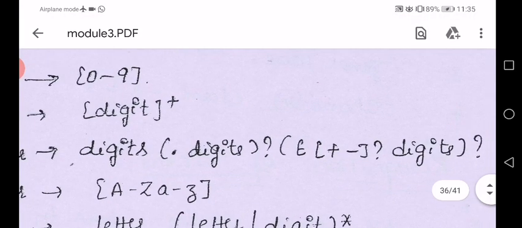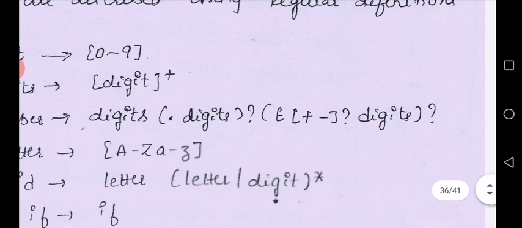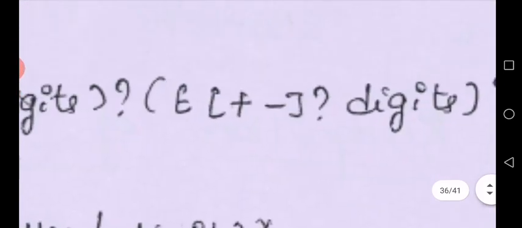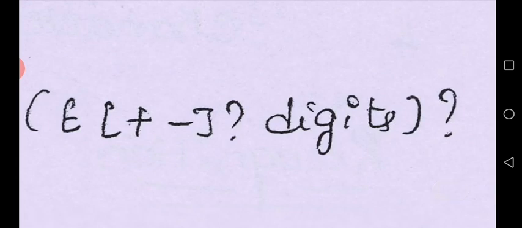For this complete part, e, open bracket, plus or minus, close bracket, question mark, digits, closing bracket, question mark, this whole bracket becomes optional. Why? Because at the end you have a question mark, and inside it we also have one more question mark for the bracket indicating plus and minus.